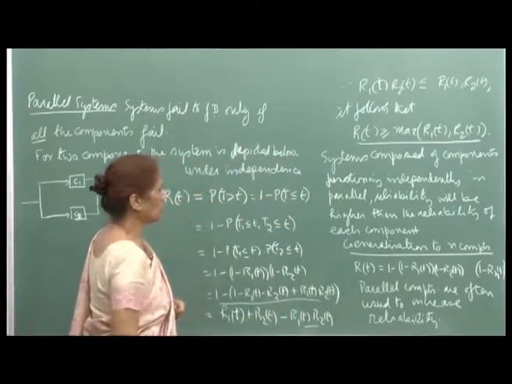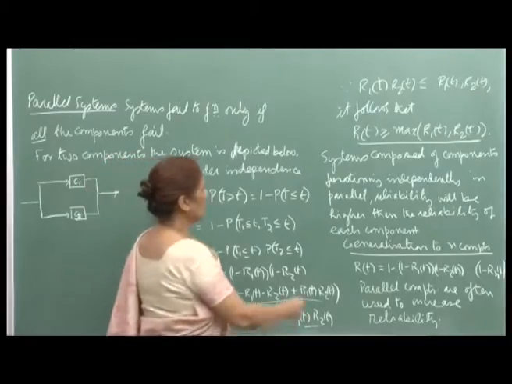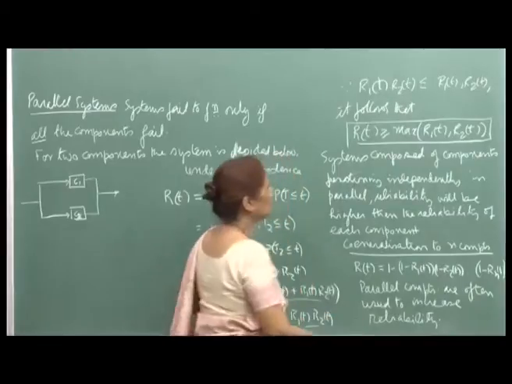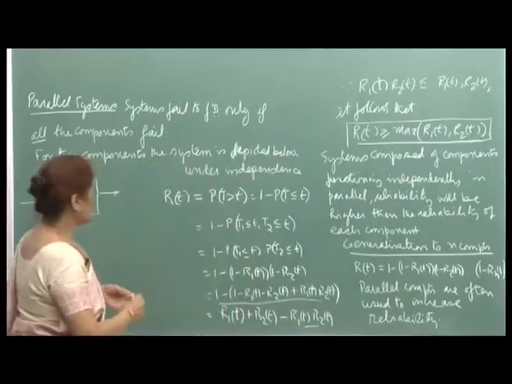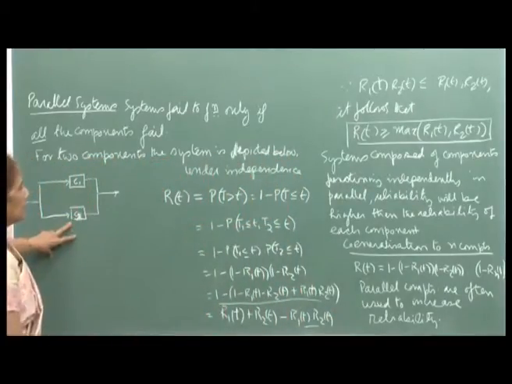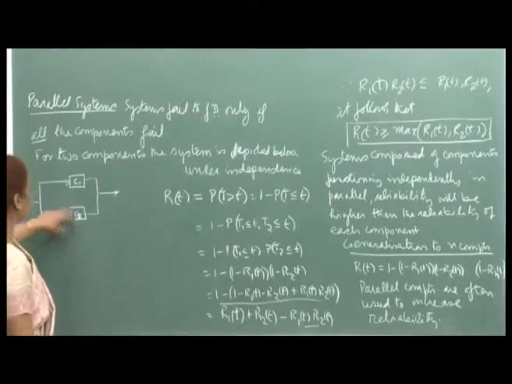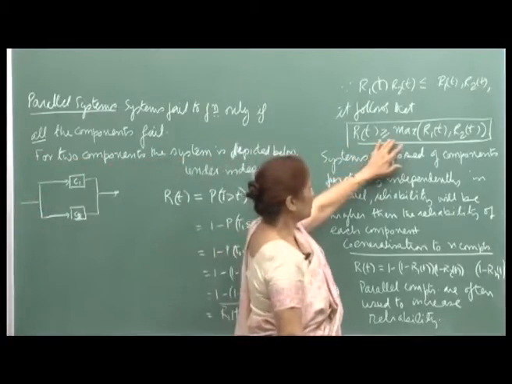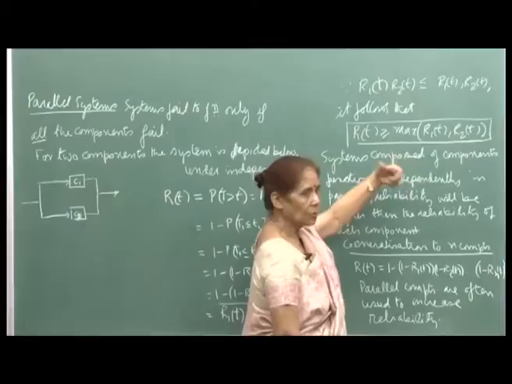The important thing is that when two components are working in parallel, the system has to fail only when both of them fail, because all components have to fail. In that case, the reliability of the system will be greater than or equal to the reliability of both the components.